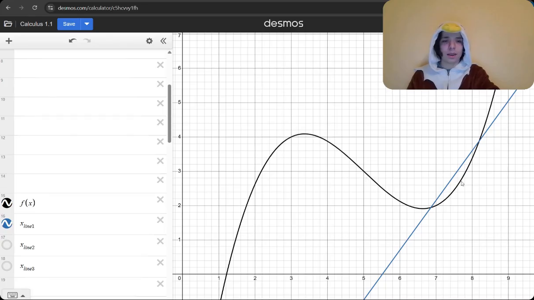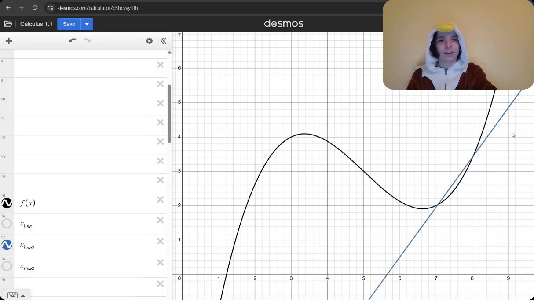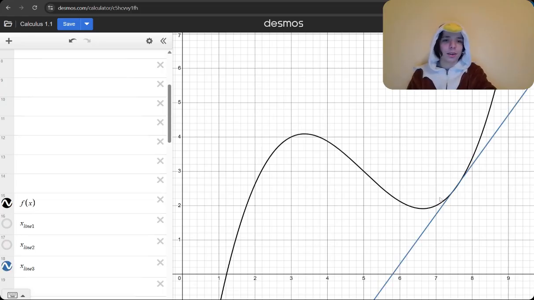Finding the instantaneous rate of change is like finding the slope of the tangent line, which touches the graph at only 1 point. So this line right here is pretty close, but we can do better. So let's draw this other line. Now this is closer, and this third line is really close. It's almost perfectly tangent to this graph.